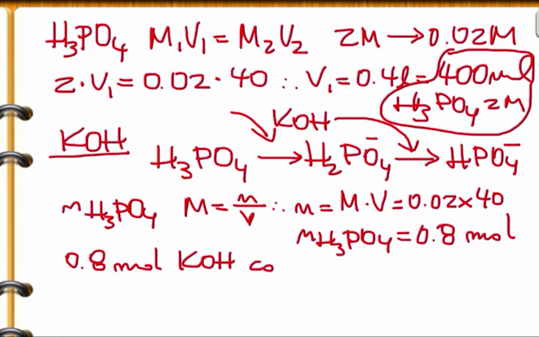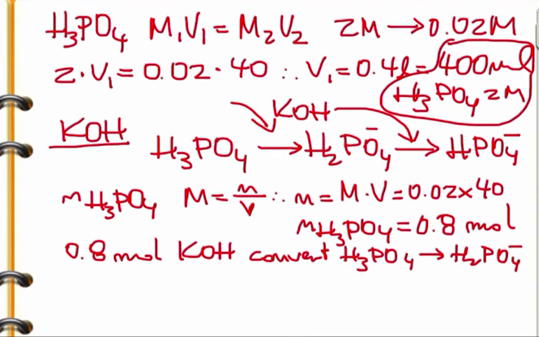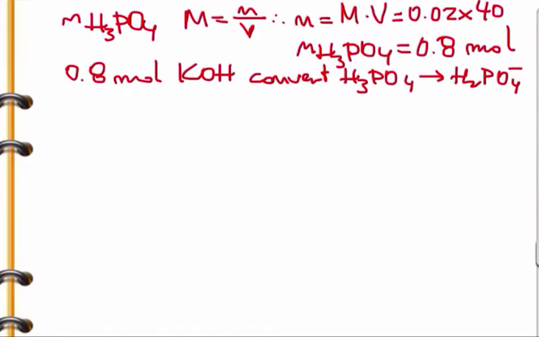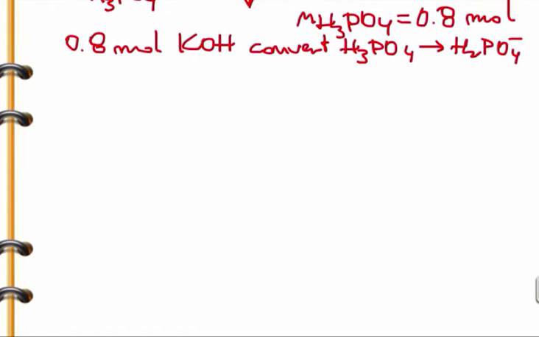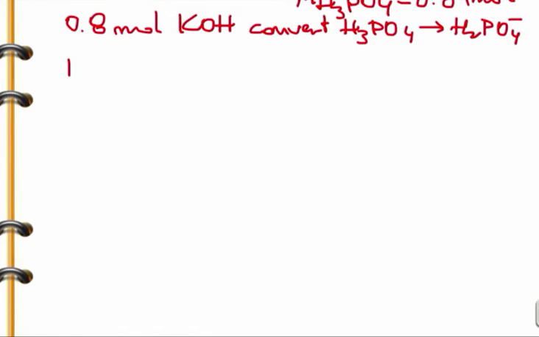So we have 0.8 mole of KOH required to remove the first protons, going from H3PO4 to generate H2PO4 minus, right? So they need 0.8 moles for that.